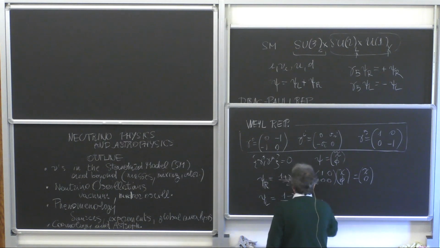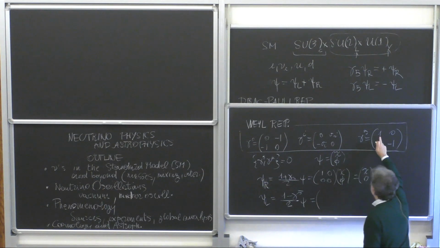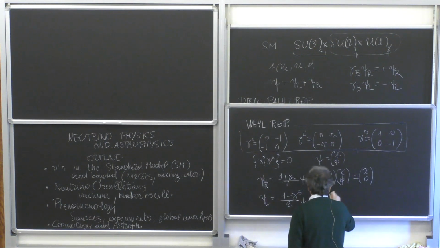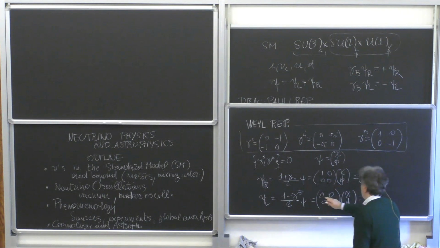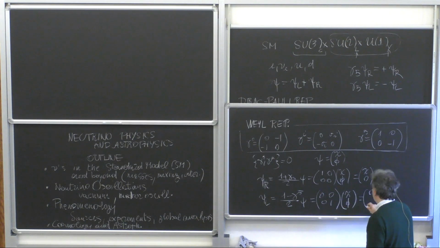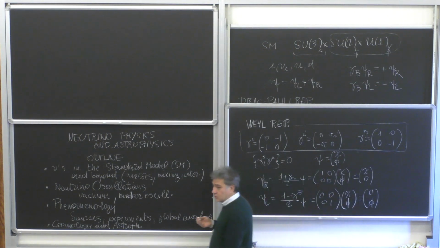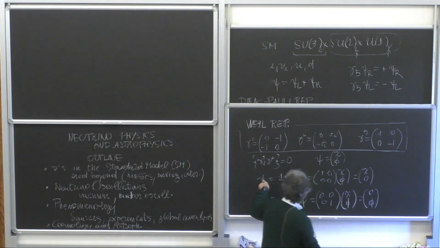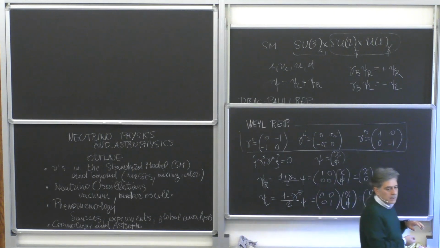So here, when we make the difference, this one disappears, this gets plus, so you get 0 up and the lower components. So the Weyl representation is much more useful because you can easily see that the right-handed spinor has upper components and the left-handed spinor lower components.